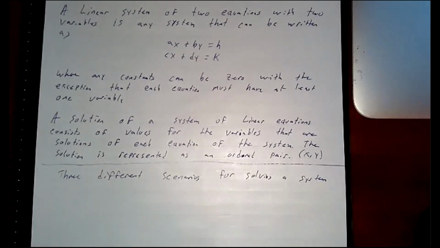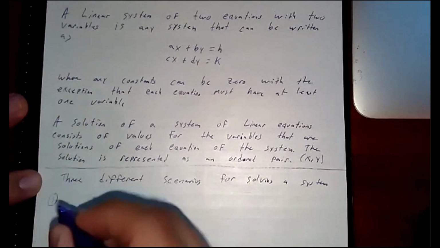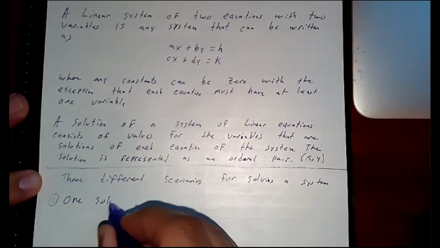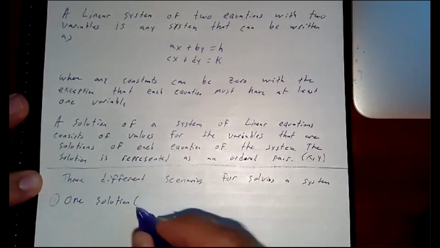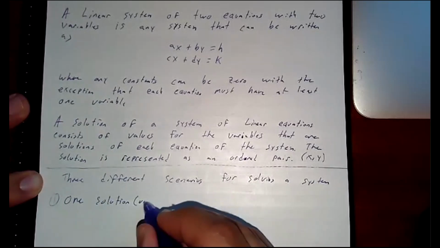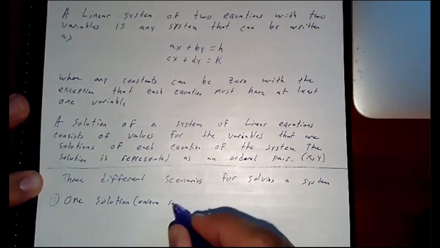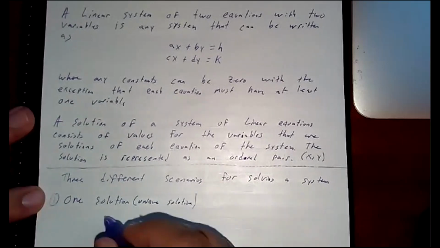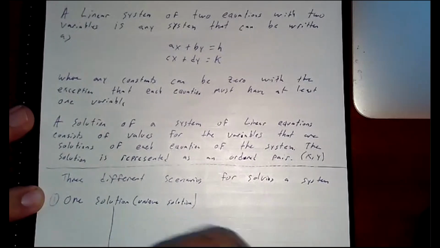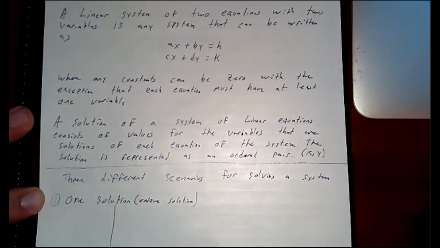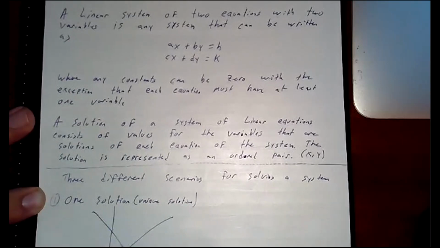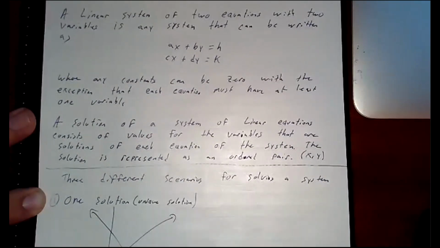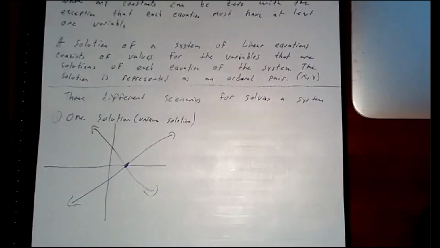Okay, so 3 scenarios. Number 1, you could have one solution, also called a unique solution. And it looks like this, like the one we just did. We had one point where they intersected, 2 lines intersecting like there, for example.